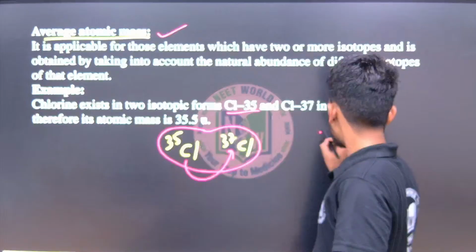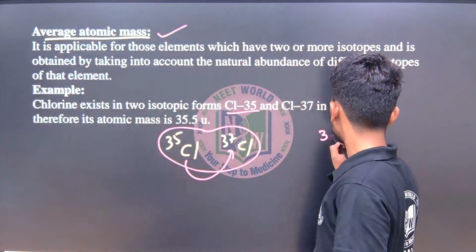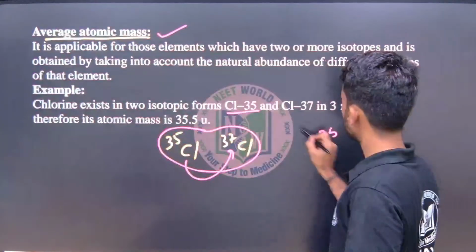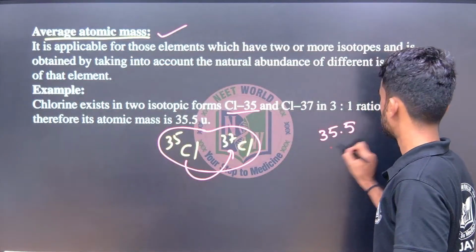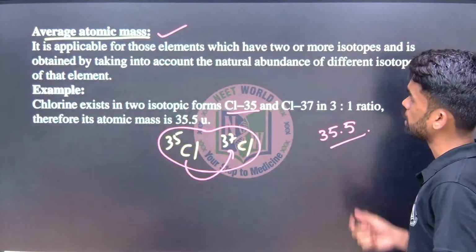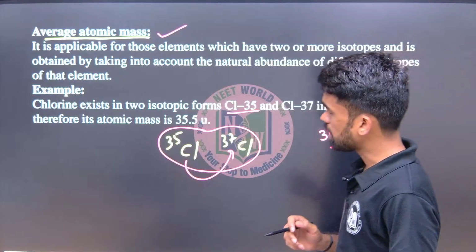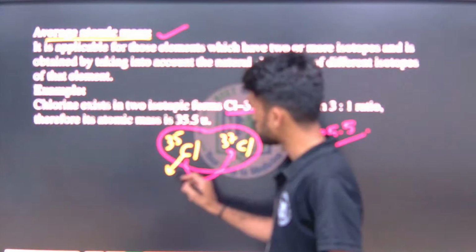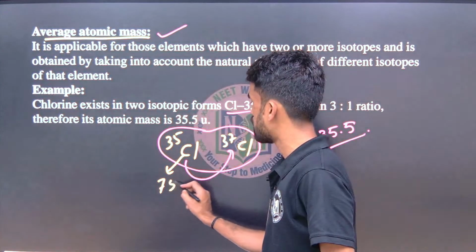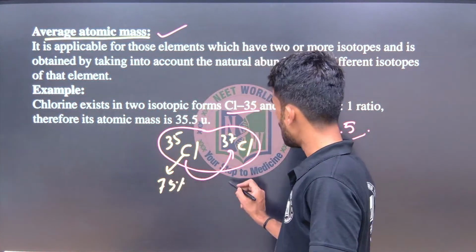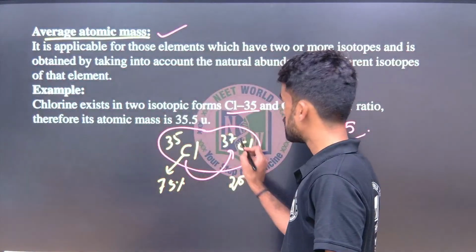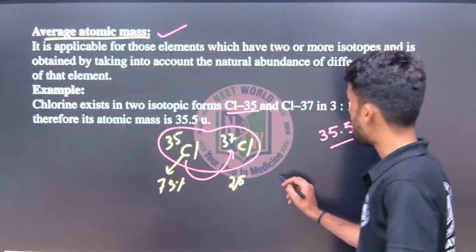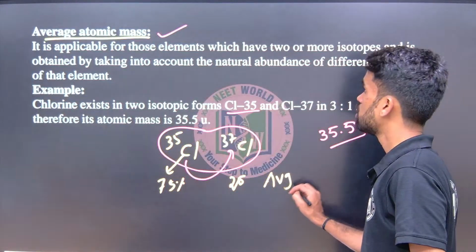So what is the average atomic mass of chlorine? That will be 35.5. So how are you going to get this value? When we extract this, we are going to get 75% of Cl35 and 25% of Cl37. Now we are asking about average atomic mass.